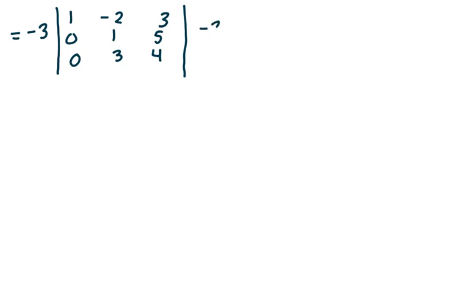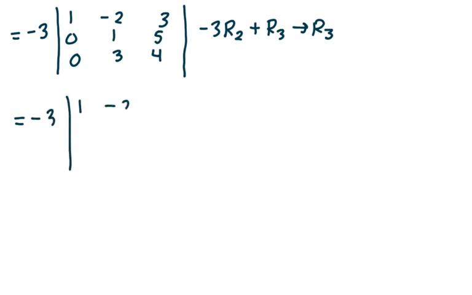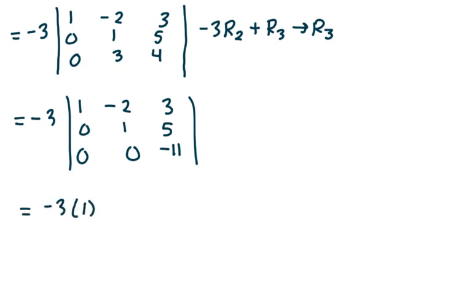I'm going to go negative 3 row 2, add it to row 3, put that result back into row 3. And then when we do that, we get negative 3 times the determinant of 1, negative 2, 3, 0, 1, 5, 0, 0, and then negative 11. I'm done. So we get negative 3 times 1 times 1 times negative 11.